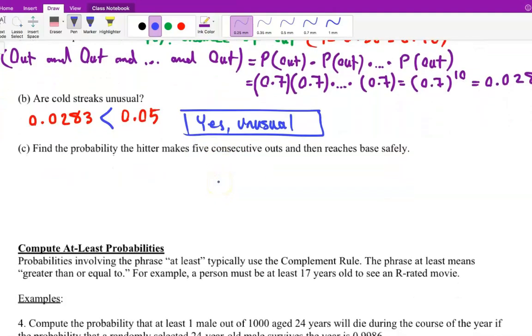Part C, find the probability that the hitter makes 5 consecutive outs, and then gets on base safely. So first he had 5 outs, so 5 failures, and after that he finally got on base, meaning that we have 5 failures and 1 success.